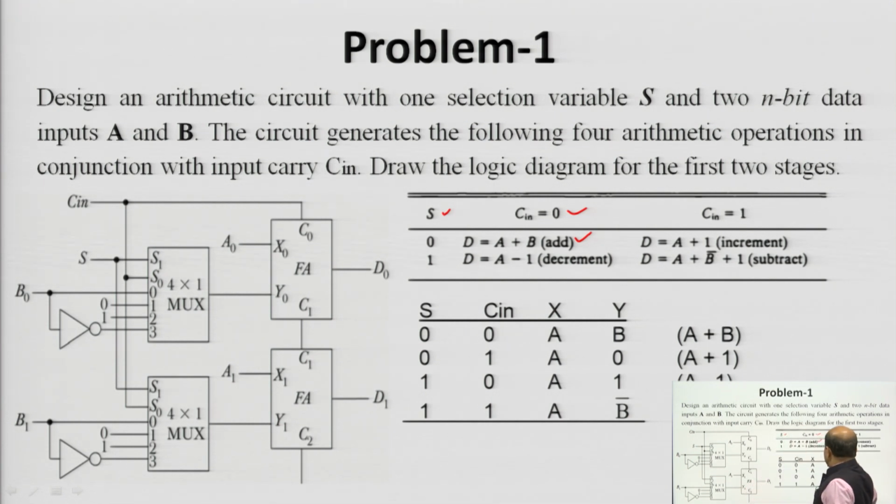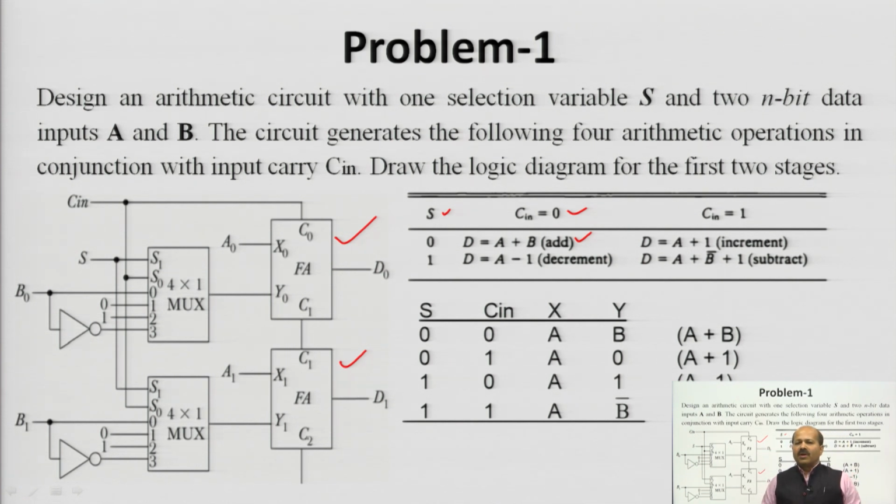And here you can observe, in all cases the value of A is transferred as it is, and the second value will be operated with the A value. So, obviously, to perform these operations, addition, subtraction, increment or decrement, the full adder component is used. So, here two full adders we will take.